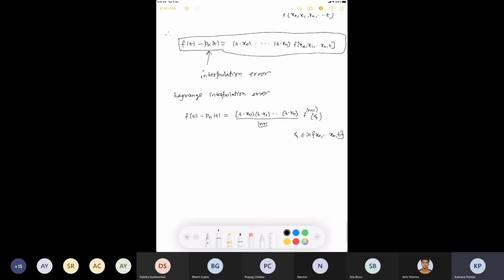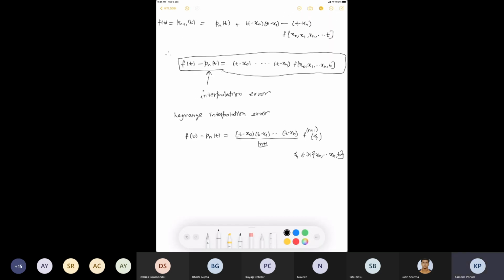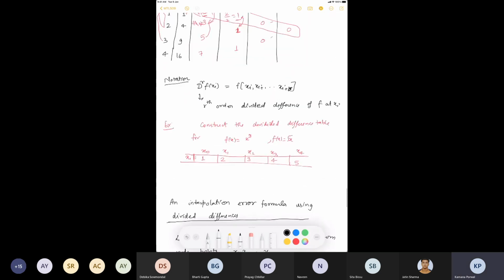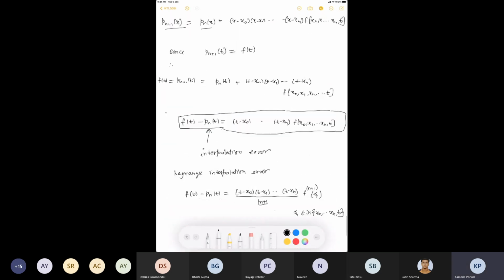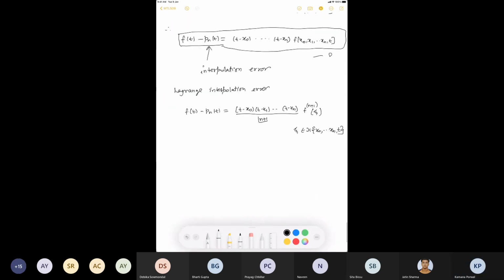Let's call this equation 8, and let's call this 9.